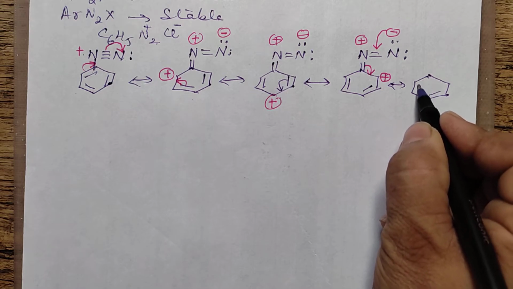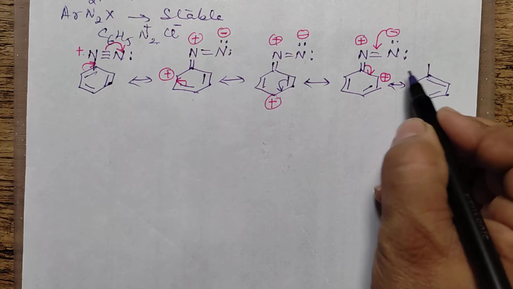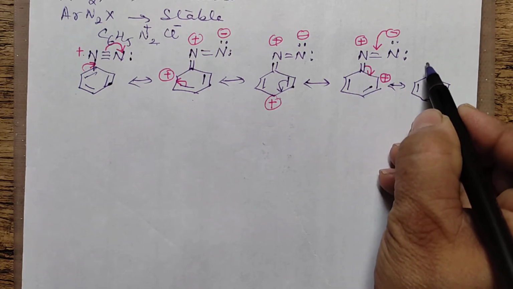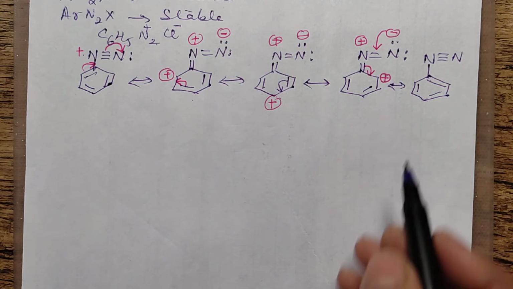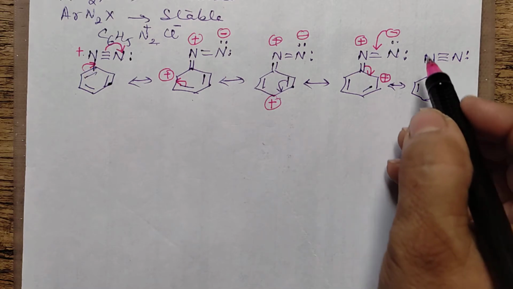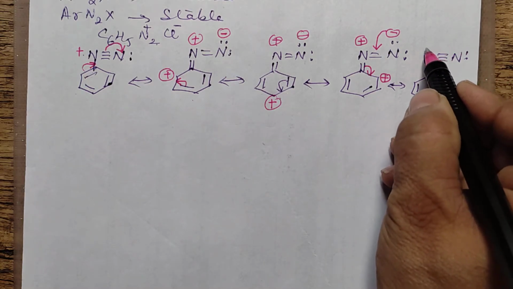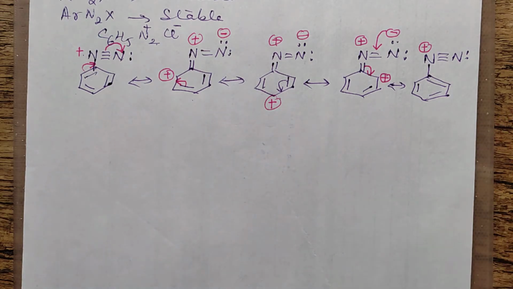This is double bond. It has shifted here. Now a double. This again became single because this has shifted down. Nitrogen. Now a triple bond. You are left over with only one lone pair now. Right? That negative charge had gone. This is now positive. So these are the resonating structures.